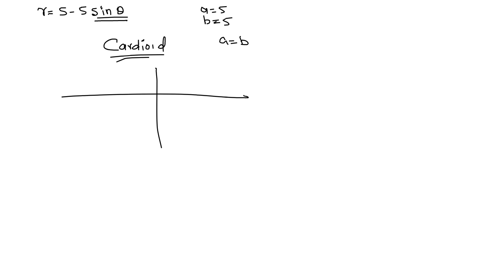And this is minus 5. Minus 5 means on the downside. So a cardioid is a graph like this. Understand? Sine means on the y-axis, and minus means on the downside. If it is plus, it should be upside. Clear?